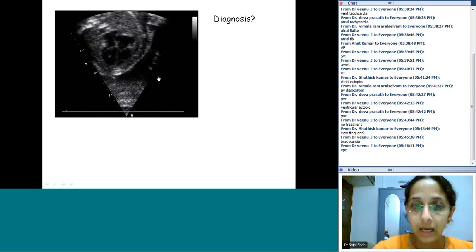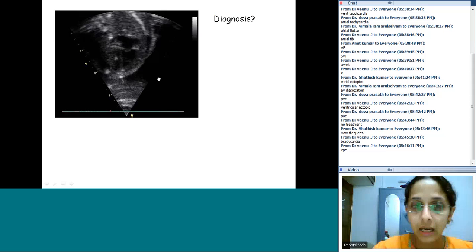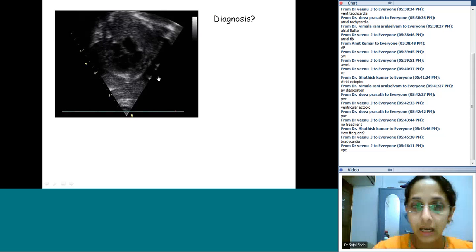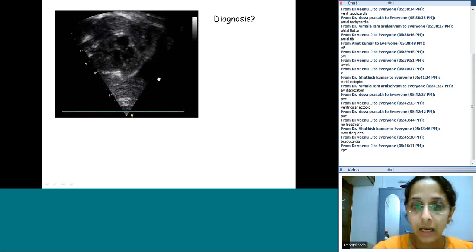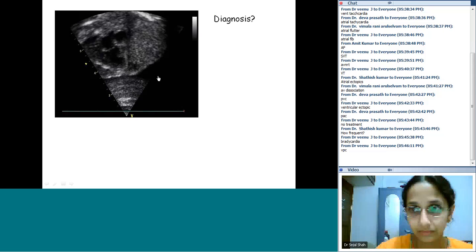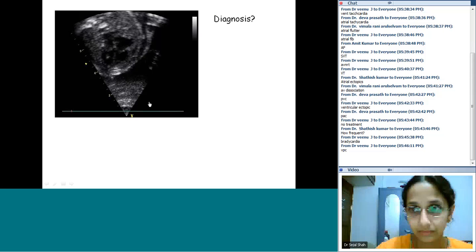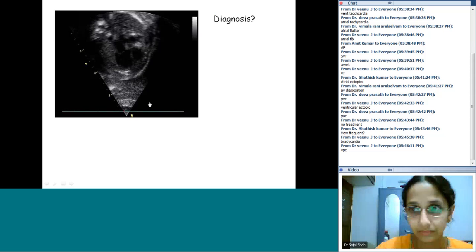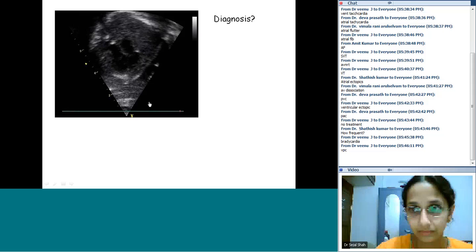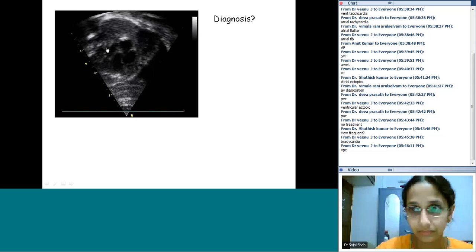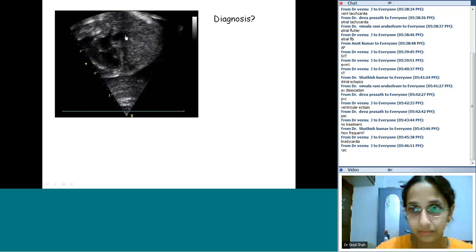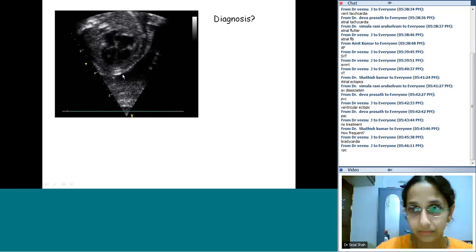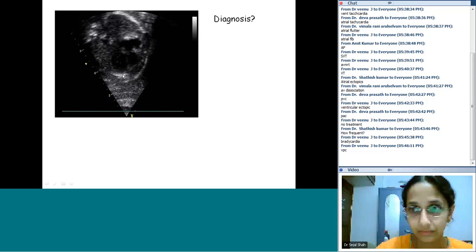Just on 2D, is it possible for us to suspect anything in this baby? This is the 4-chamber view of the heart, and structurally the heart is normal. This is descending aorta, this is the right heart, and this is the left heart. Is there anything wrong on the 4-chamber view?